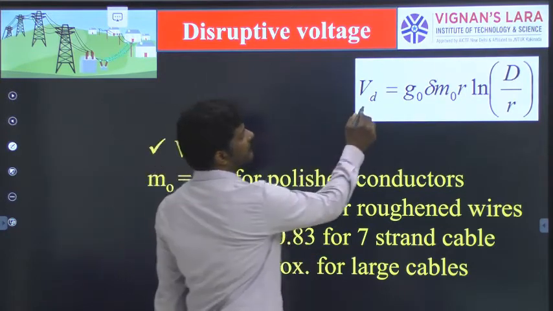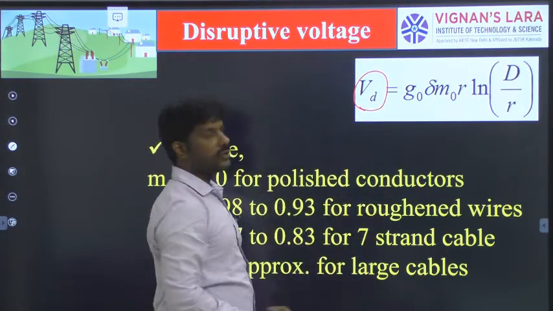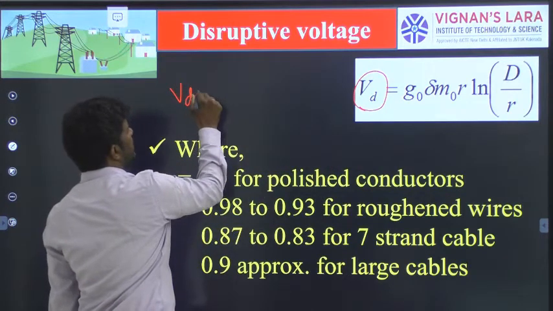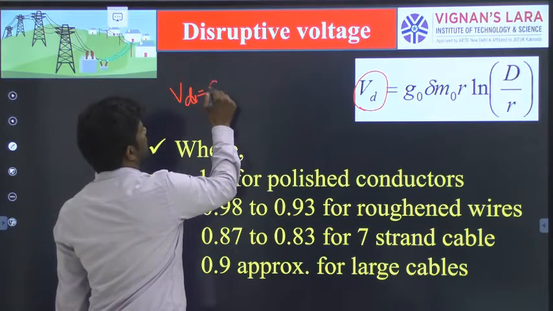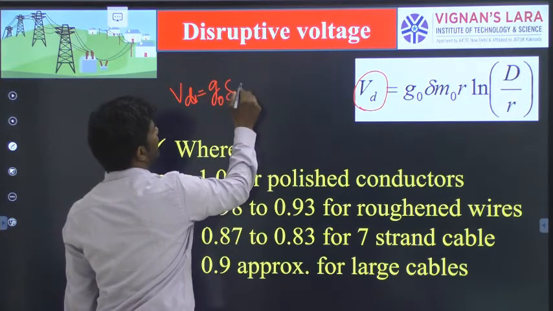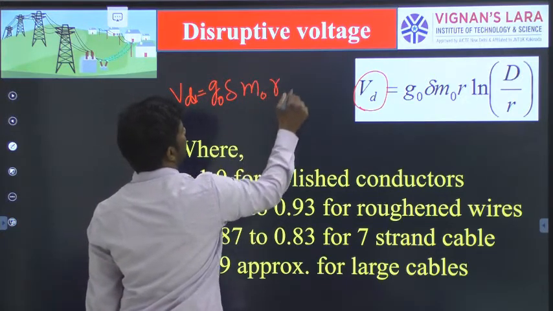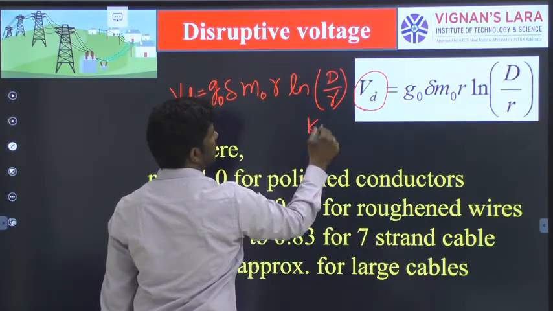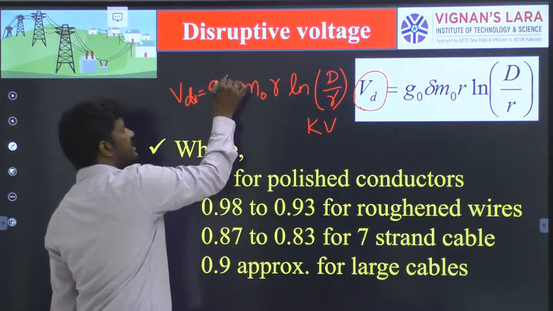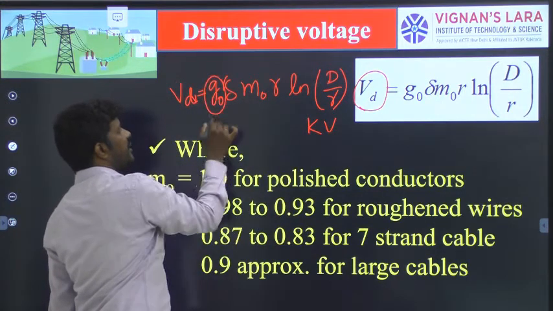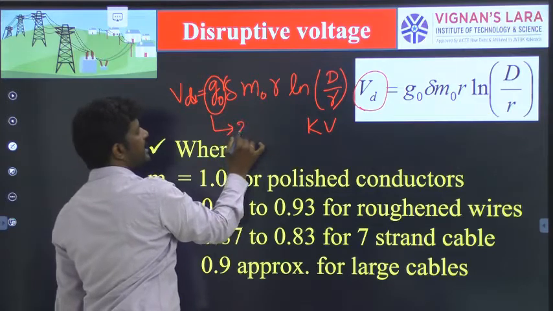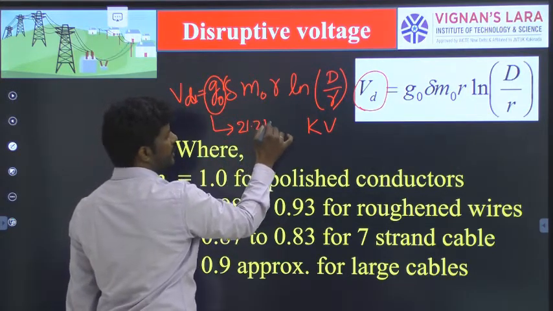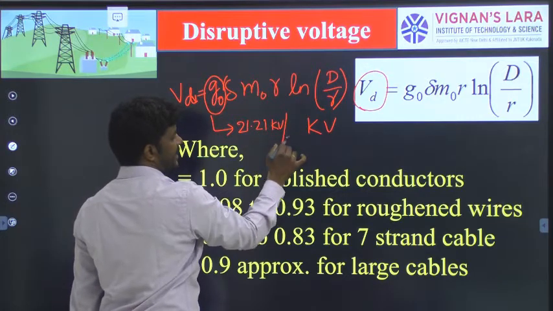Recalling the magnitude of this disruptive critical voltage: Vd is equal to G naught delta M naught R ln of D by R. This is in kilovolts, because this G naught, whatever we are using, is the breakdown strength of the air, whose value is equal to 21.21 kV per centimeter.